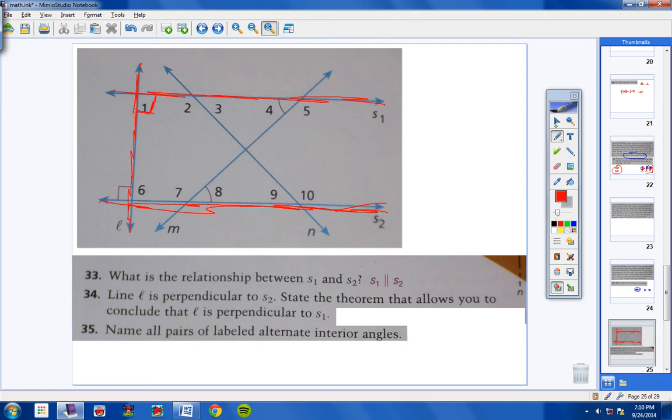And the name of that theorem is the perpendicular transversal theorem. Okay? And again, I don't have the exact quote in front of me, but it says something to the effect of 2 parallel lines. I probably should look this up. Hold on one second.